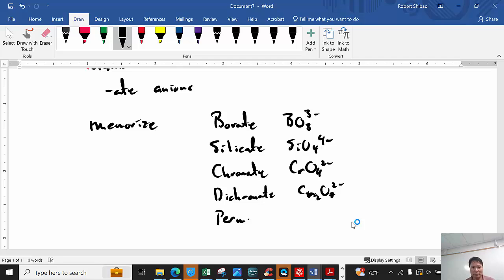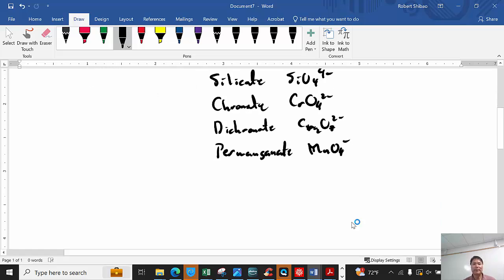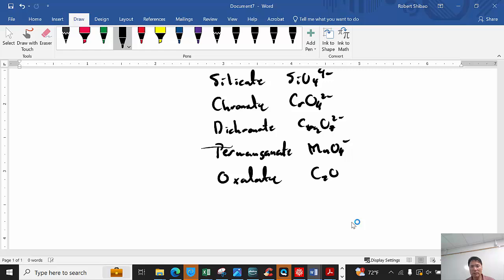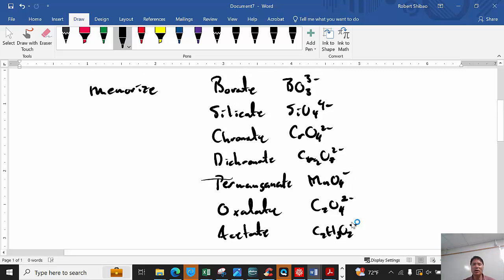Permanganate. MnO4 minus. What else? Oxalate. C2O4 2 minus. Correct. Acetate. C2H3O2 minus. And then there's some other anions that aren't as common.